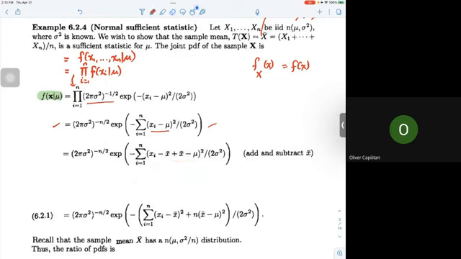So if we're going to expand this part, we have x sub i minus x bar quantity square, and then plus 2 times x sub i minus x bar, and x bar minus mu, and then plus x bar minus mu quantity square.